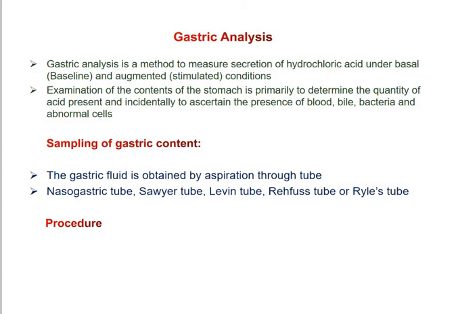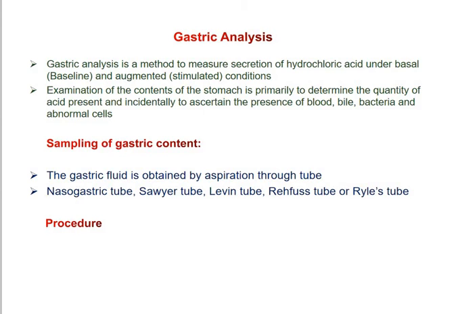In gastric analysis, the digestion of foodstuff in the stomach is due to the action of gastric juice that contains pepsin, which acts on proteins under the acidic medium of hydrochloric acid, and the curdling enzyme renin.